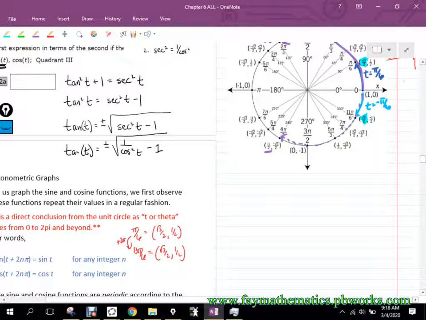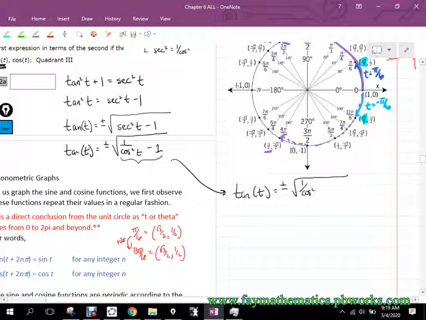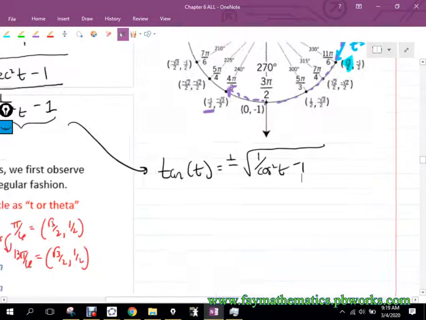So this is what I'm going to do. I'm actually going to condense this radicand. I'm going to make it one fraction. I'm going to copy this stuff down here and give myself a little bit more room. So tangent t is equal to plus or minus the square root of 1 over cosine squared t minus 1. Okay.